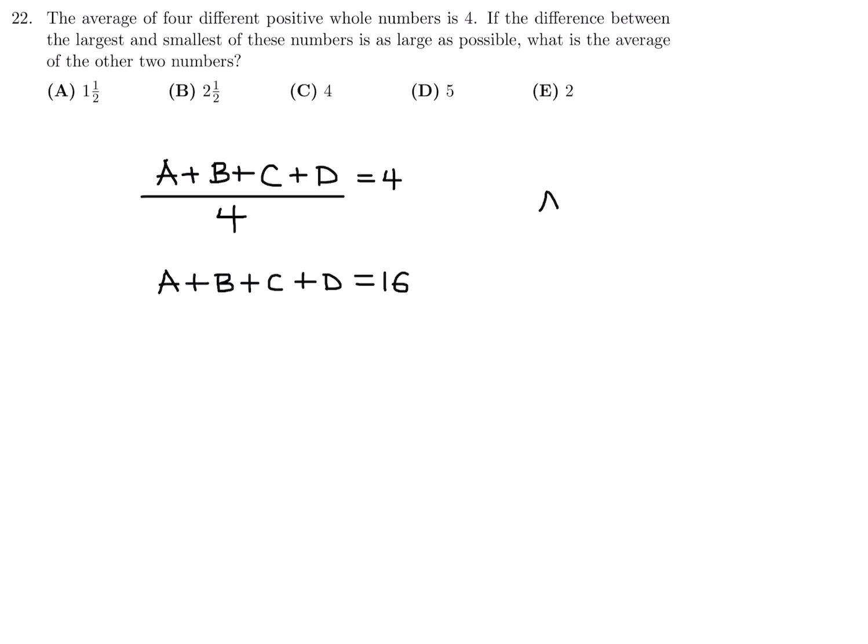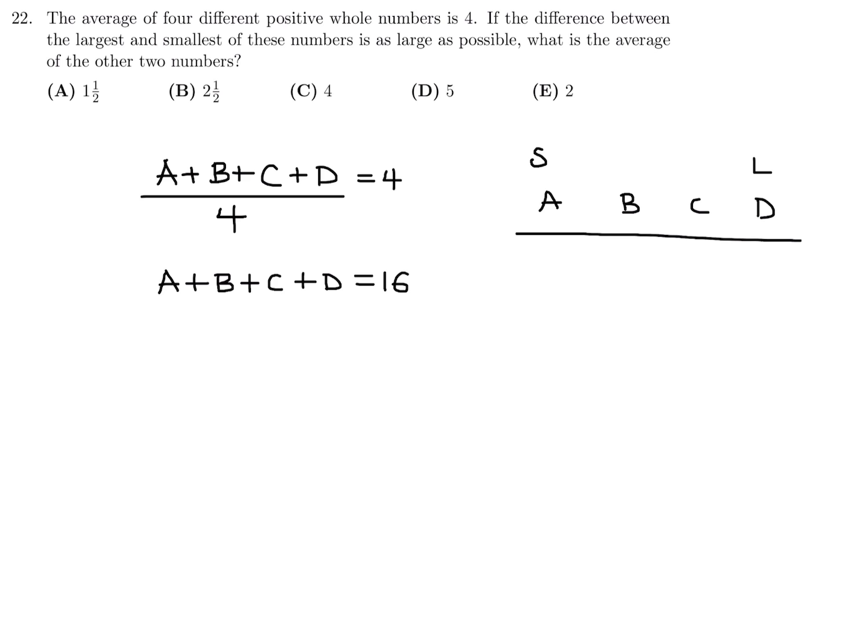So now we have to make a little bit of a table and see what possible scenario will work for us. I want the difference between the largest and the smallest to be as large as possible. I'll let A be the smallest, and I'll let D be the largest. Okay?